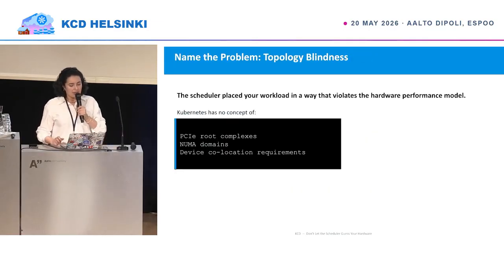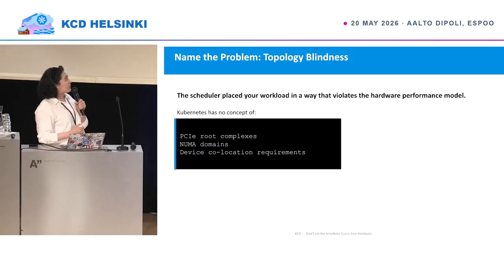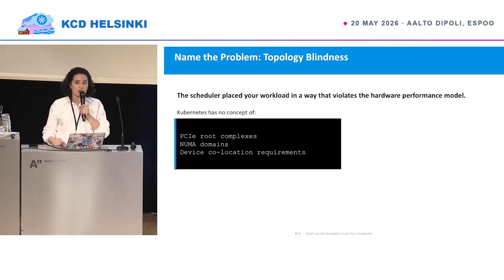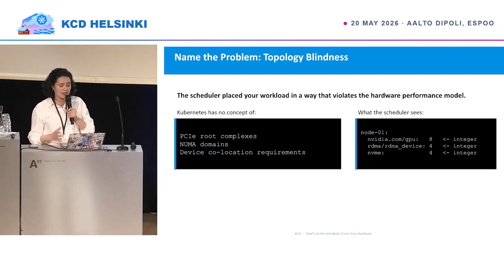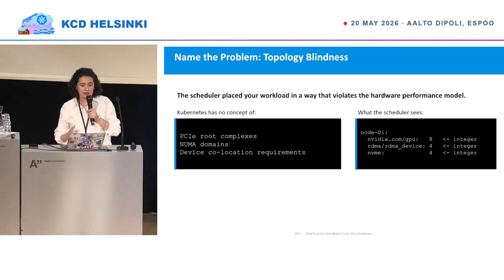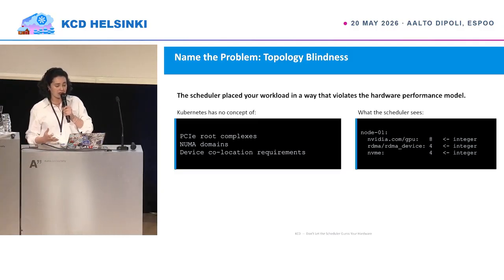So the Kubernetes scheduler places workloads in a way that violates the hardware performance model. Because Kubernetes does not have any understanding of the device collocation requirements, it has no way to know it does this. Kubernetes knows, for example, that a node has a specific number of resources available, but nothing about their topology.